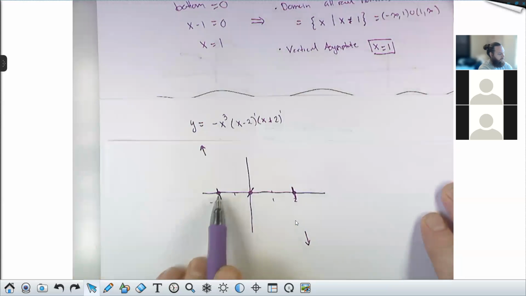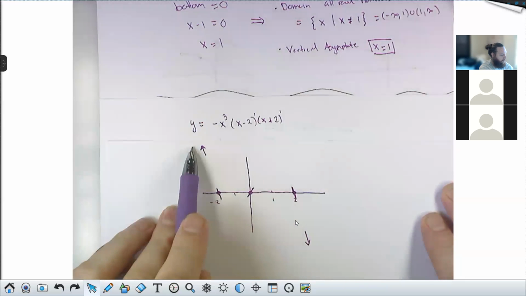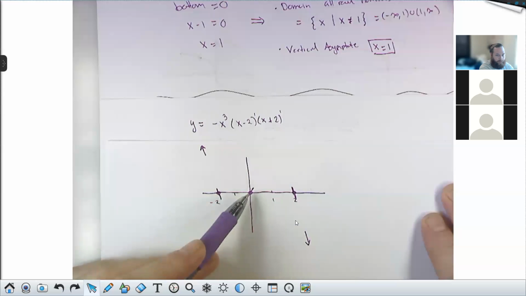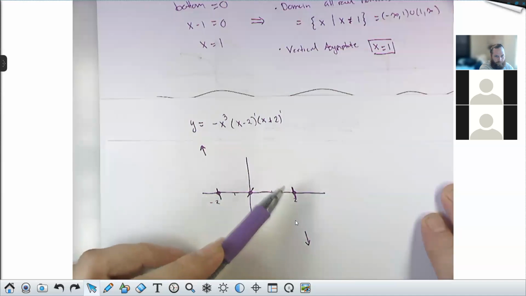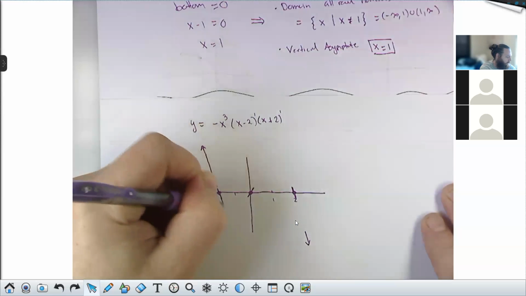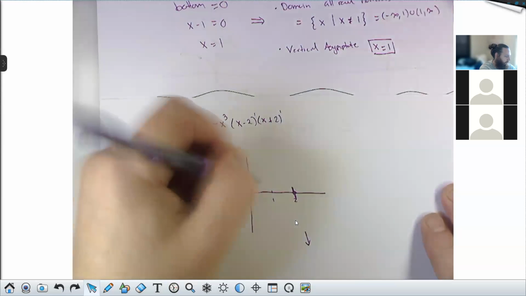You know you have to cross at each one, and if you're going up on the left, this cross has to go like that. You know you're coming back to this guy from below, so your cross here has to be like that. And you know you're coming down from above here, so your cross has to go like that. This is enough to draw a very reasonable graph of this polynomial.